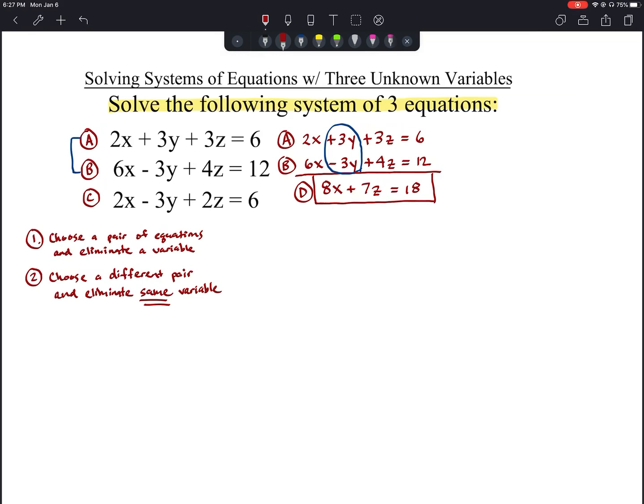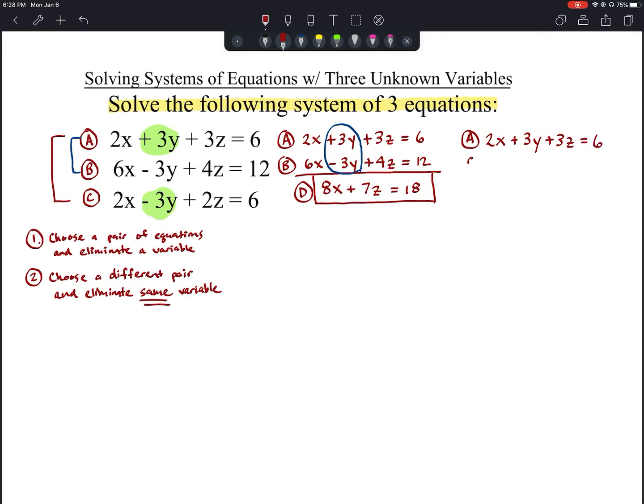Because I also have a positive 3y and another negative 3y, I'm going to choose equations A and C, and eliminate the y's there as well. To do that, I'm going to recopy A one more time: 2x plus 3y plus 3z is equal to 6.